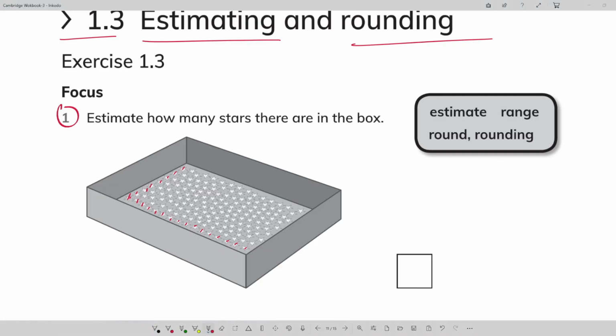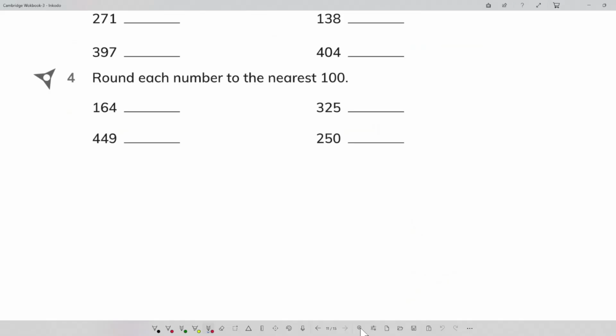So we can decide here is almost 16 times 8. It means here is around 128. So in an estimate we can say here is 130. It's not an exact value, just an estimate of how many stars there are in the box. Here is around 130 stars.